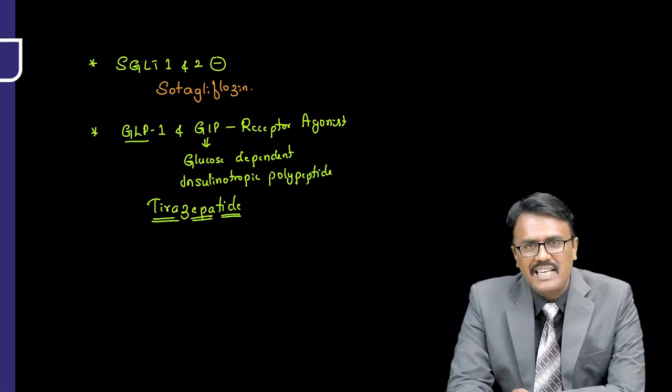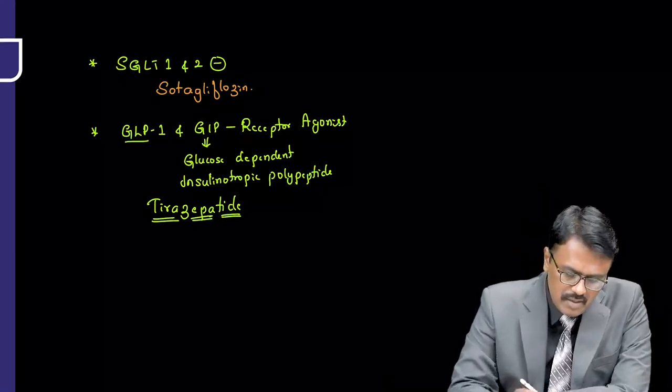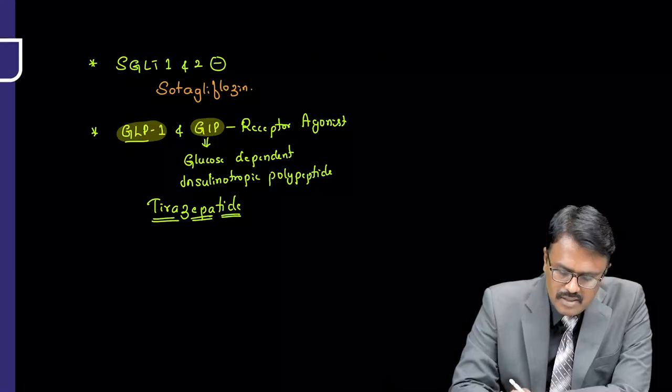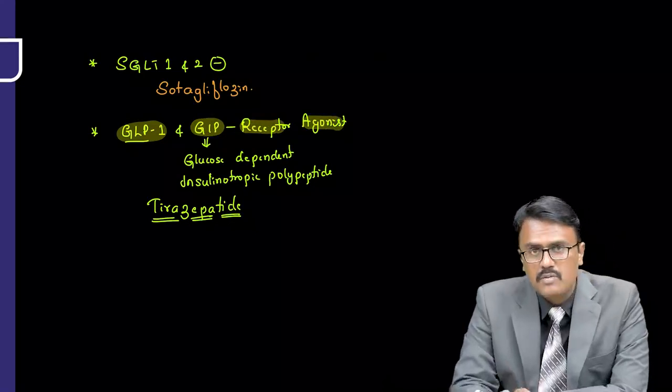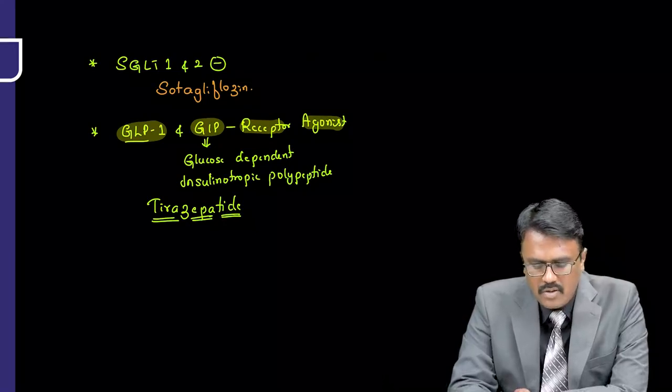Again, repeat the name, tirzepatide. It's a GLP-1 as well as GIP receptor agonist, where GIP stands for glucose dependent insulinotropic polypeptide.